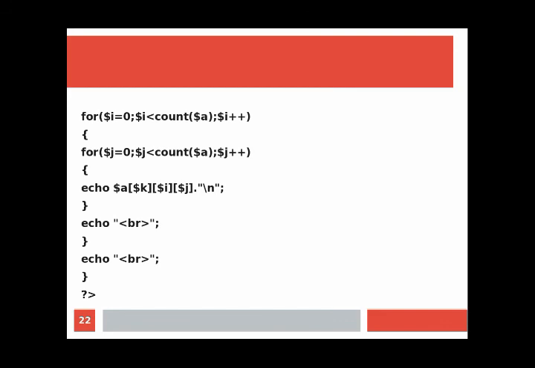Then again here a print statement, echo $a[$k][$i][$j]. Remember that $a is an array variable, then k is a layer, I is a row and j is a column because of the three-dimensional array. Then the echo statement with break we have taken for the next statement, the output will be printed.